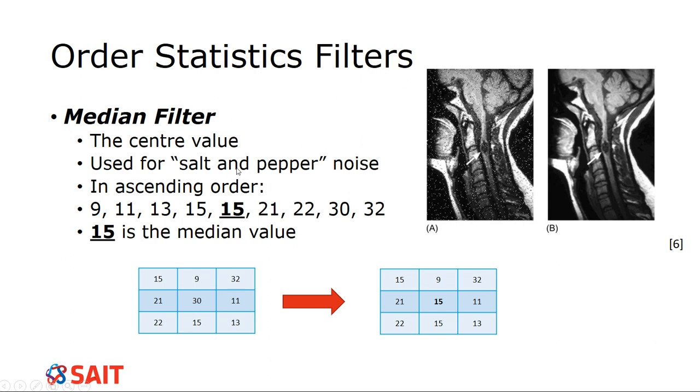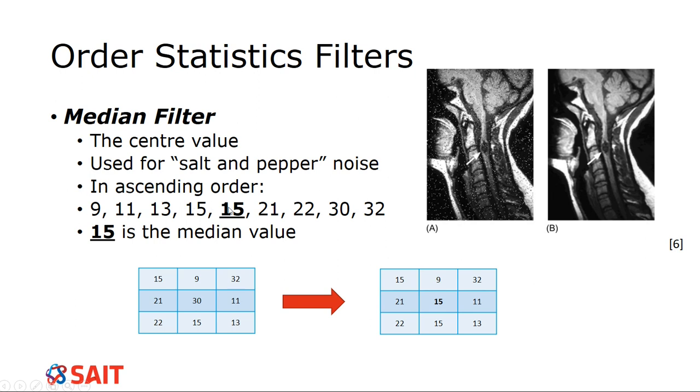If we're trying to get rid of that interference, we don't want the high and low values to impact the actual image itself. If we have a lot of white in what should be a black area, taking the average would actually gray this area out. So I want to use a median filter and find the middle value of that area.